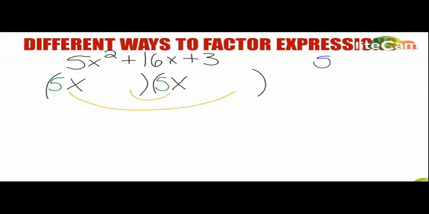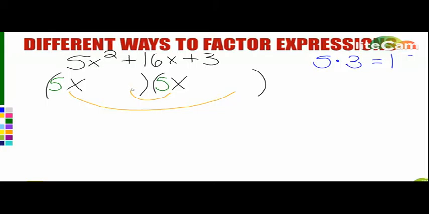You're going to see there's a reason for this later, because in order to figure out the numbers that go in the back, I'm going to have to multiply the 5 times the 3. That's this 5 in the first term and the 3 in the last term. And I want to figure out the numbers that go in the back here.